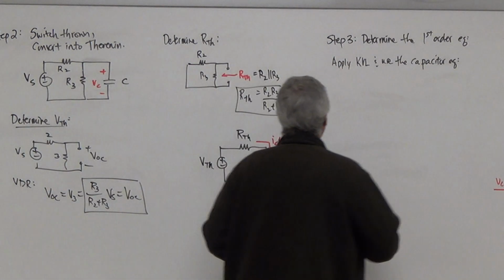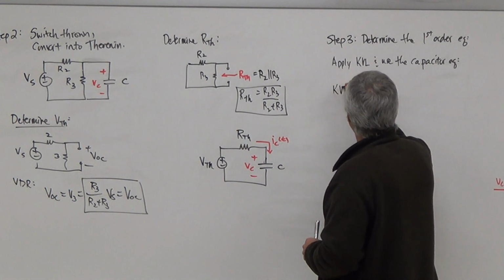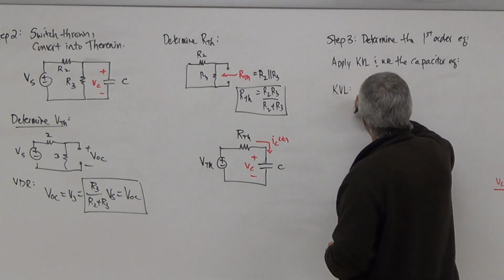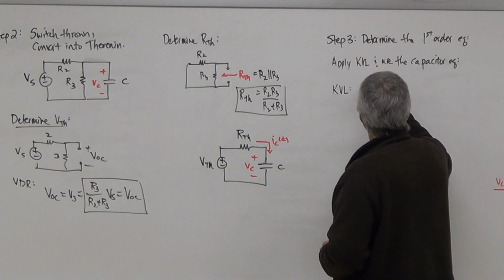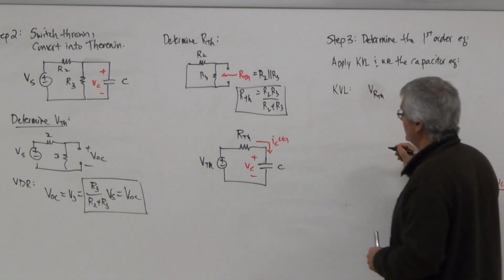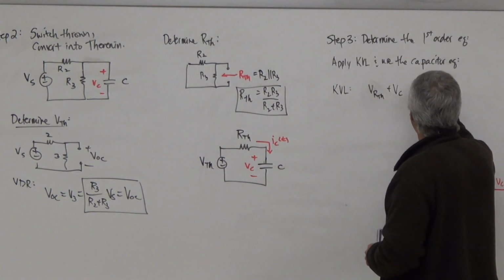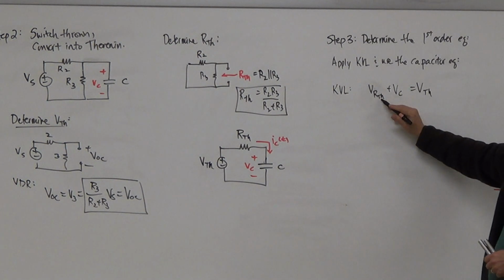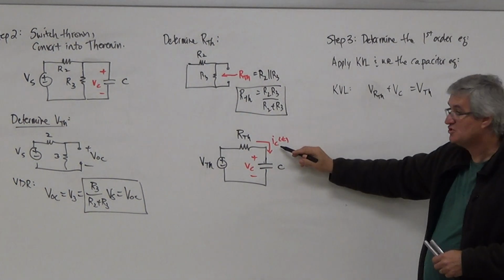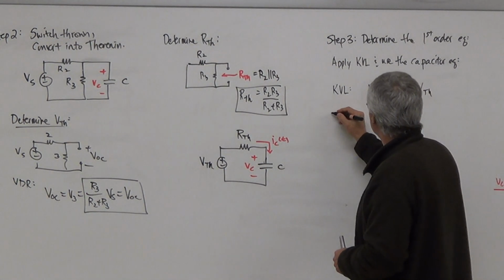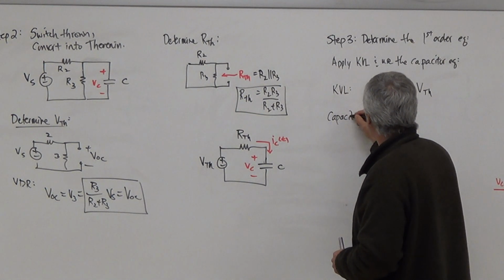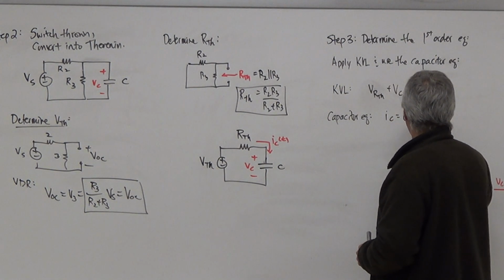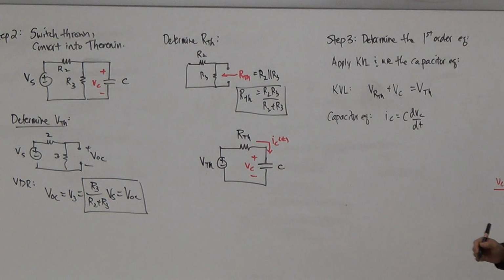So what I'm going to do then, KVL tells me what? KVL tells me that I'm going to have VTH, actually let me write it the other way. I'm going to get the voltage across the Thevenin resistance plus the voltage of the cap must be V Thevenin. But that voltage across the resistor, since we know what the current is, should then be, so now we apply the capacitor equation, which says that IC is C dV/dt, and if I just plug that guy in, I'm going to get what?